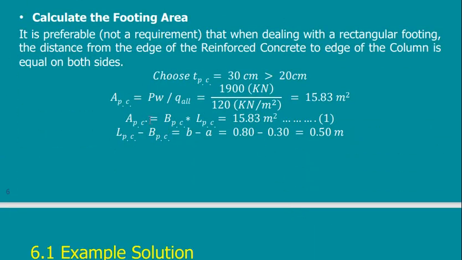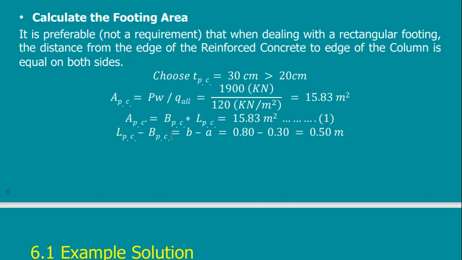We said that the first equation is the equation of the area. The second equation: we want LPC minus BPC to be equal to the difference between the column dimensions. Here, the plain concrete is working, so I will start with the plain concrete.